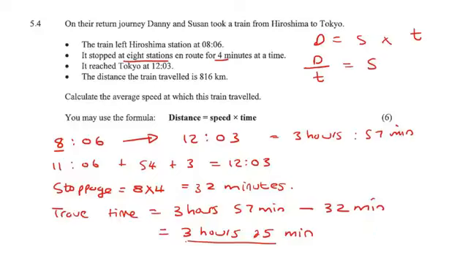You can't say that 3 hours 25 minutes is 3.25. The reason is that you need to first convert the 25 minutes into hours. So 25 minutes must be converted into hours. So that's going to be 25 over 60. And if you work that out, it's 0.416 recurring.